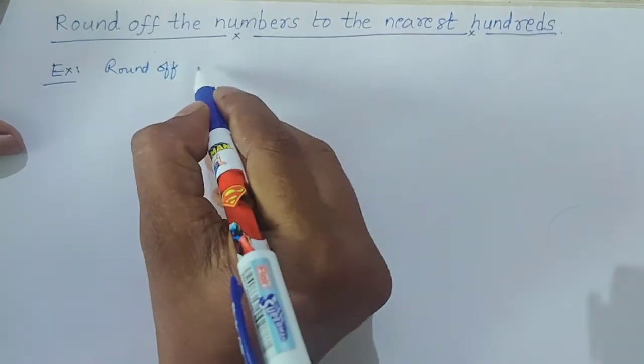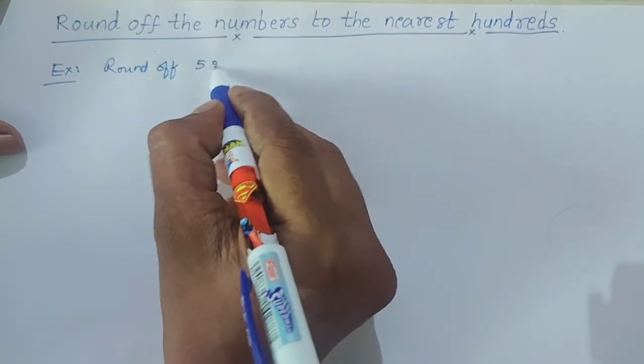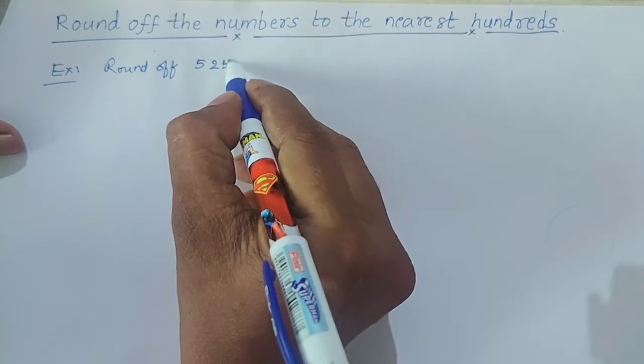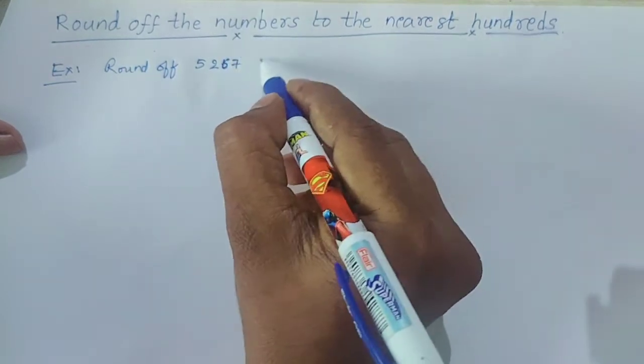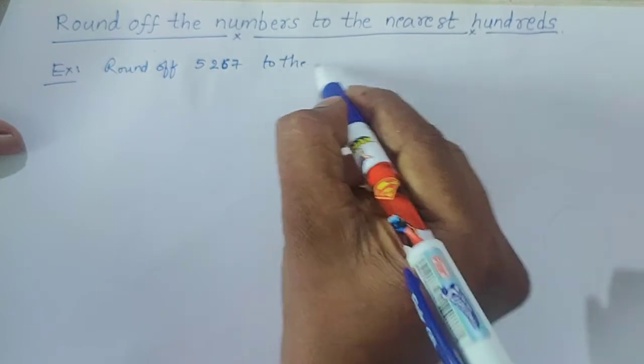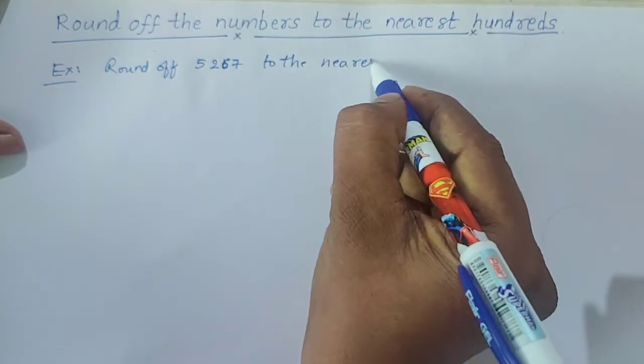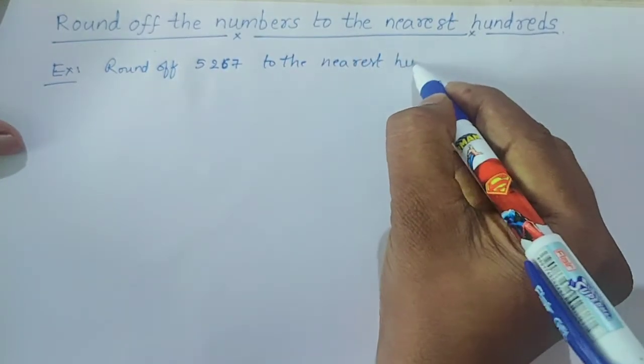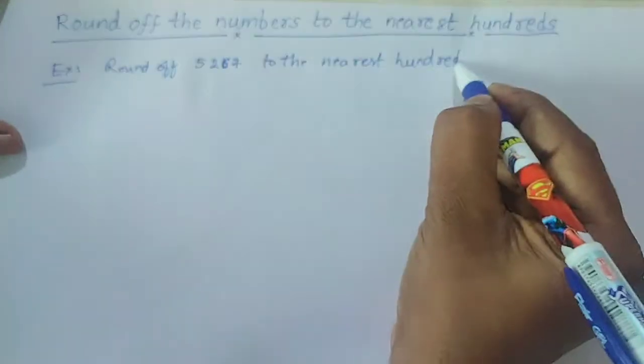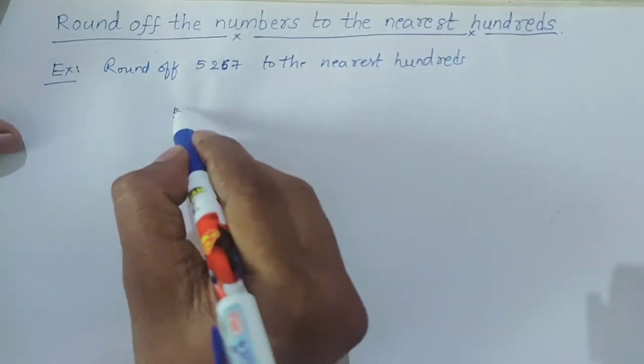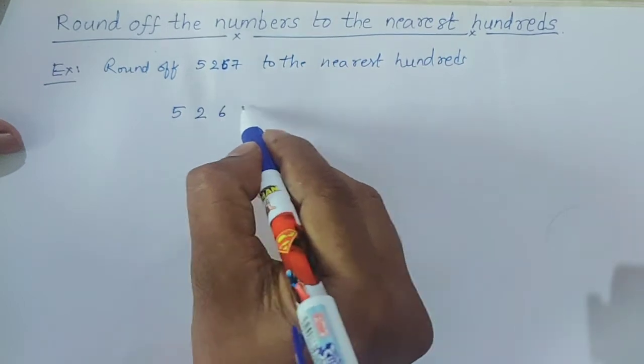Round off 5,267 to the nearest hundreds. So here what is the number given? 5,267.